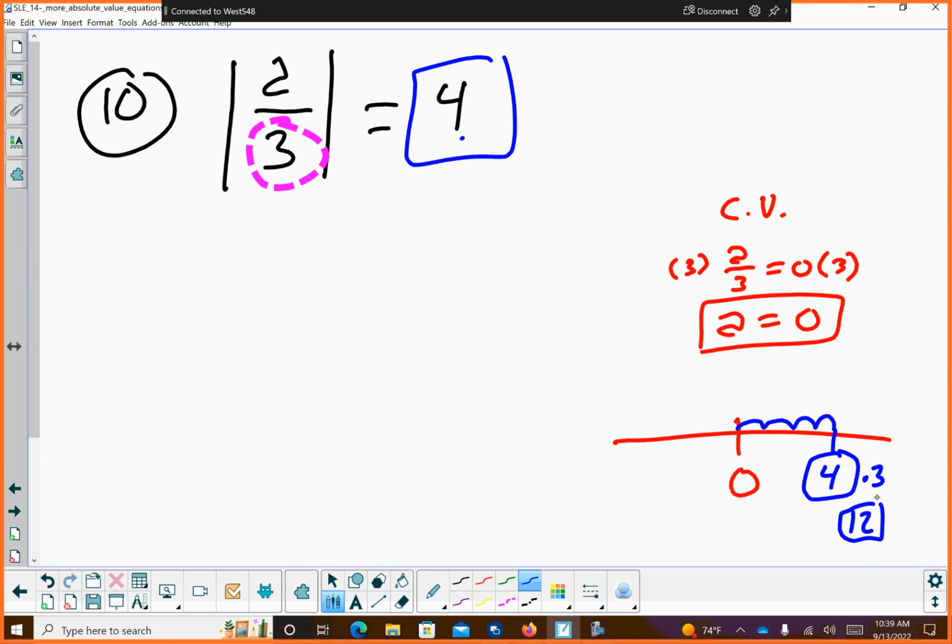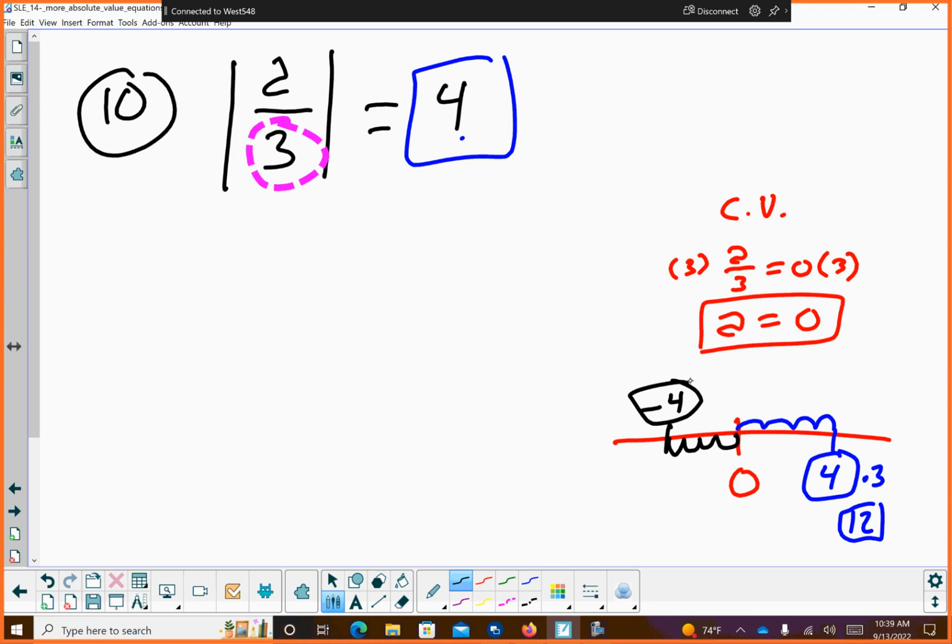Okay, hang on. So there's something different that happened on this one, and we're just using a little logic. Okay, so let's go this way for 1, 2, 3, 4. This gets me to negative 4. And again, if I take that negative 4 and plug it in here, negative 4 divided by 3 is not 4. Agree? So let's try that same exact thing.